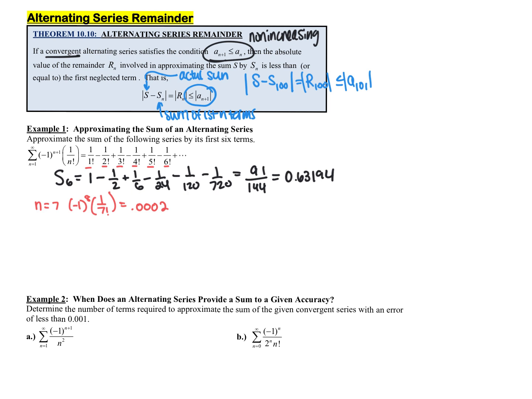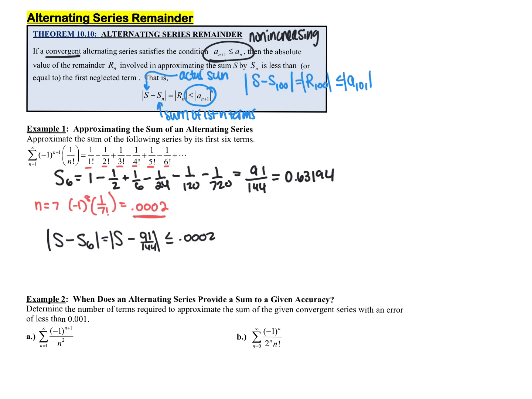Okay, so now this term is our remainder, our error between the actual sum S and this approximation S sub 6, or 91 over 144, is going to be less than or equal to 0.002, right?